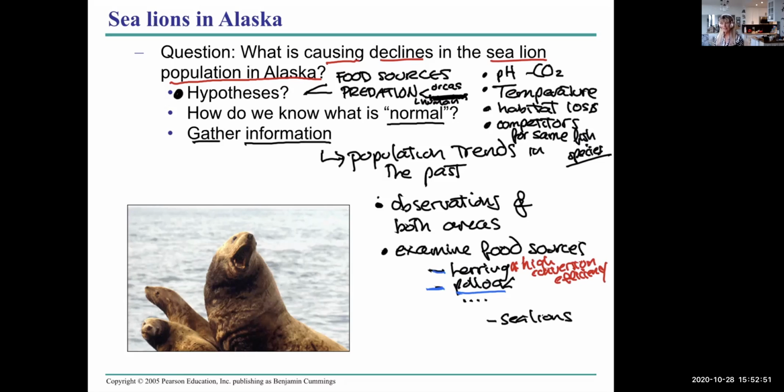And the sea lions only dive to a certain depth and only stay underwater for a certain time. So pollock are more difficult for the sea lions to get than herring. That seemed to be part of the problem. Yeah, so that's a bit anecdotal.